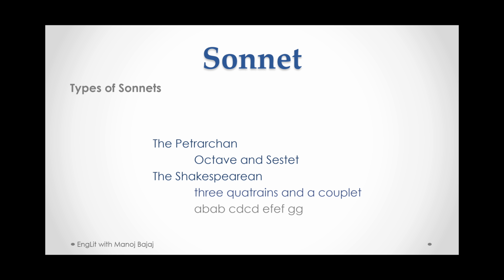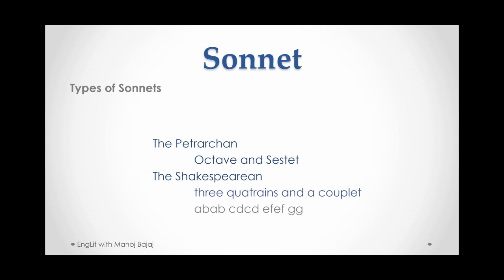The sestet is a stanza of 6 lines which comes after the octave. The octave is the first 8 lines of the Petrarchan sonnet, and the sestet is the second, later part. The sestet is subordinate to the octave because it contains the same subject but gradually closes the subject.